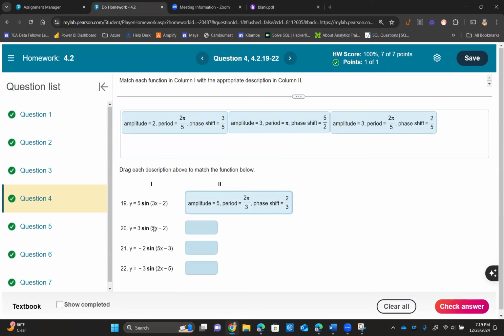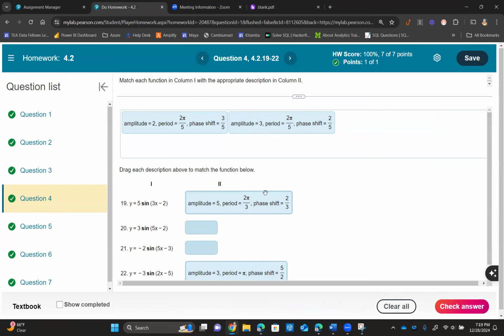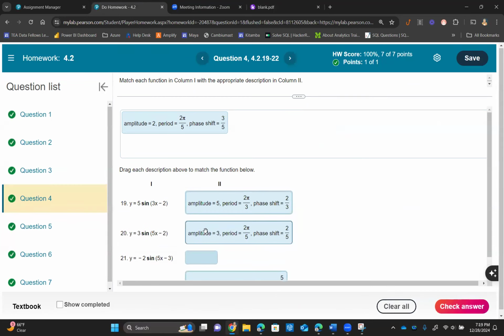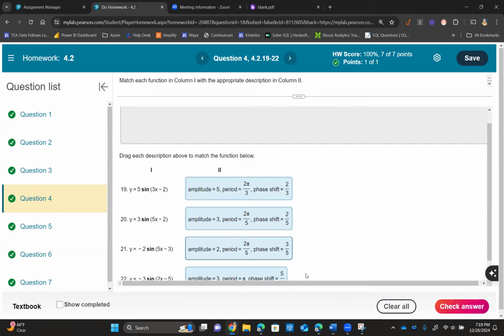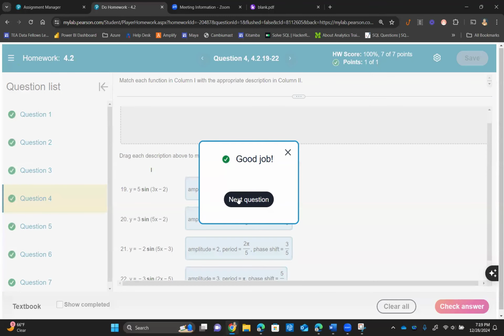But then this one, the period is 2 pi over 5, but here the period is just pi. So when this one says period is pi, it is going to go here. And this one, amplitude 3, and period is 2 pi over 5 goes here. And this is the only one whose amplitude is 2, and period is 2 pi over 5. And this is how you're going to do question 4 in this homework.